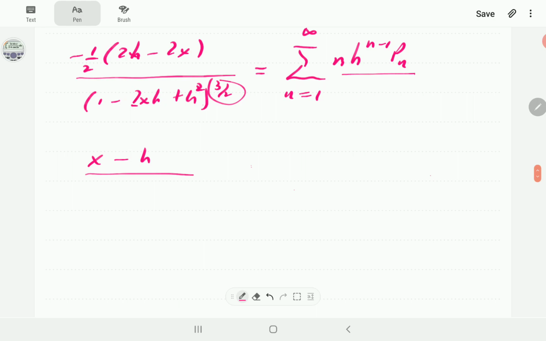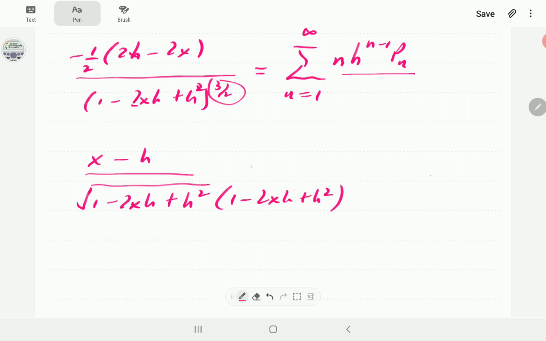We can write that as square root of 1 minus 2xh plus h squared, and then we multiply that by 1 minus 2xh plus h squared. But what we're going to do is we're going to take this term to the right hand side.